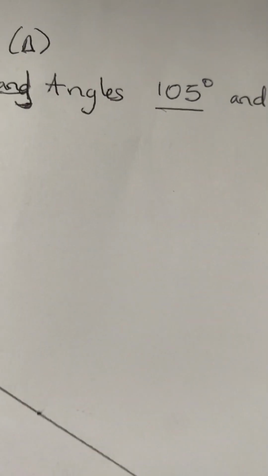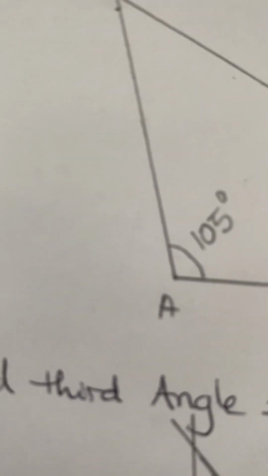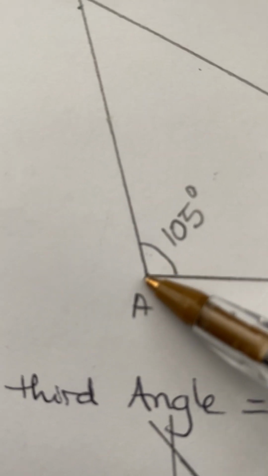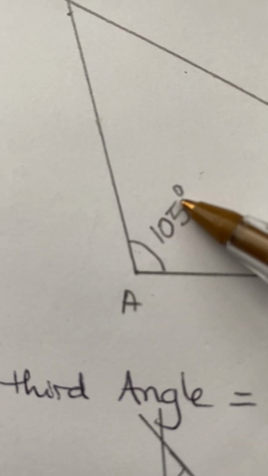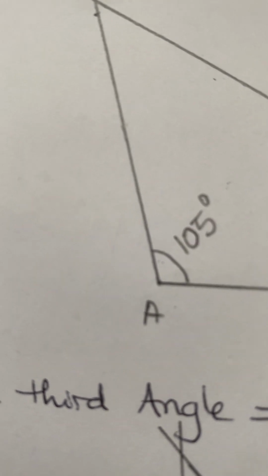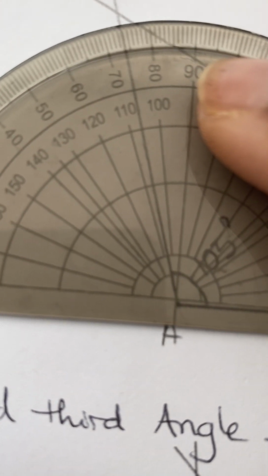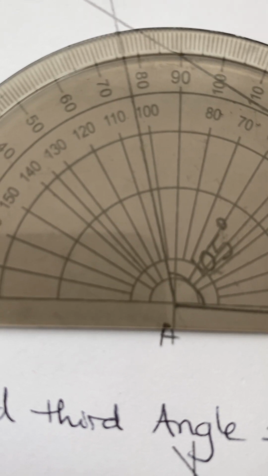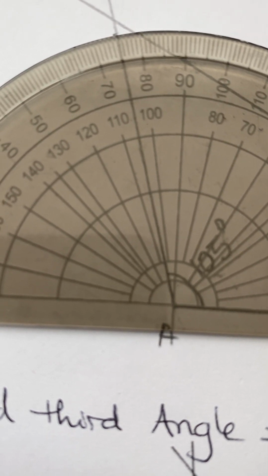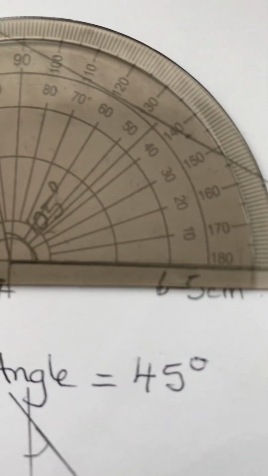Now, the bigger angle is 105. So I'm going to use this point here, one end of the 6.5 line, to construct the first angle and extend the line. Now look at it.